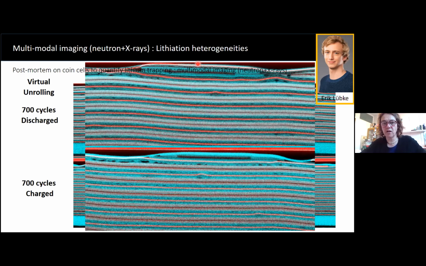Regions that are darker, or even holes, where it means that you have disconnected some regions that are not active anymore. You also see regions where it seems you have a nice cyan layer, which means you have some lithium plating, or at least very enriched lithium layers. And everywhere you have gradients in the cyan color, which means you have distributions of lithium inside the elements.